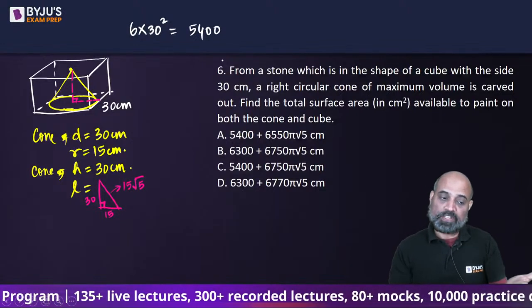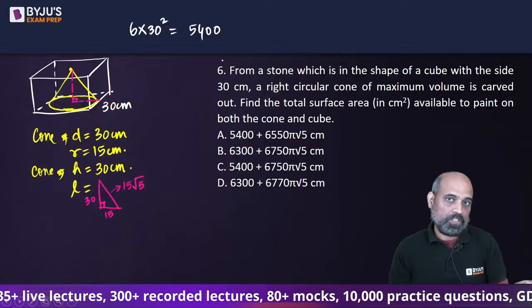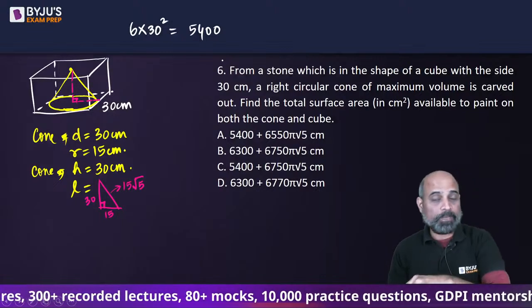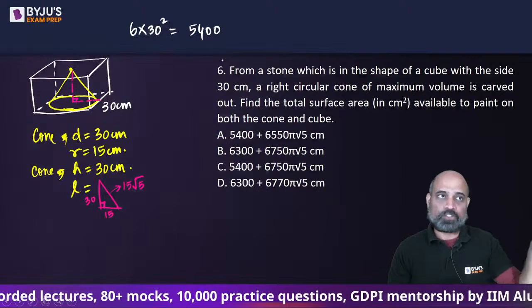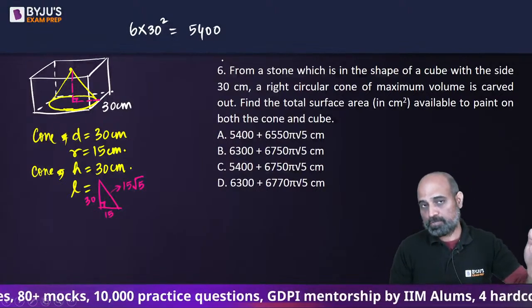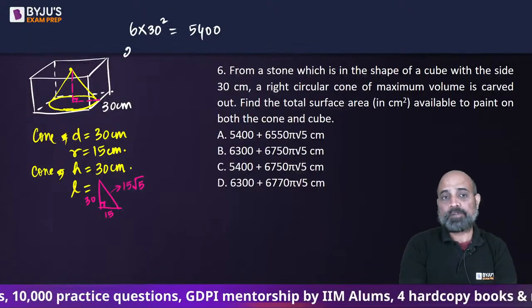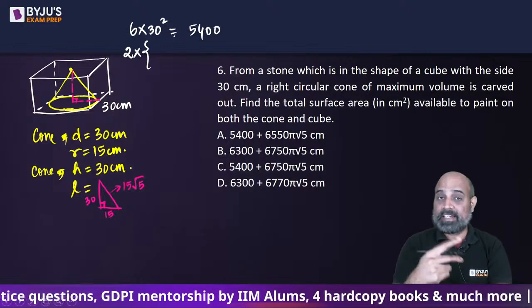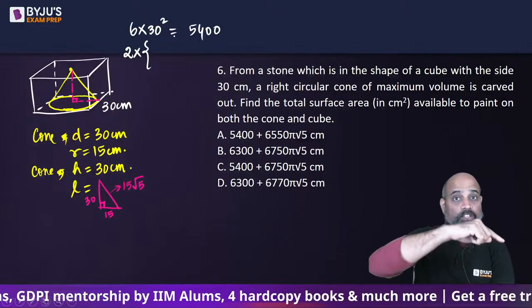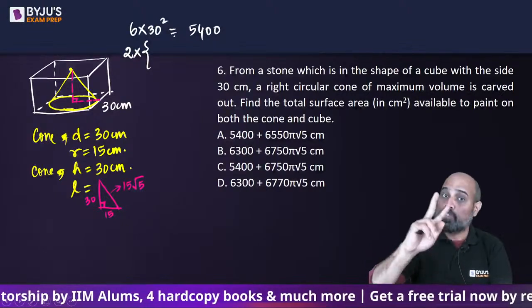So the part that I don't have to paint in the cube, which is cut out, is now painted there. So it means that I'm actually painting all the 6 faces of the cube, and I will be painting the curved area of the cone 2 times.